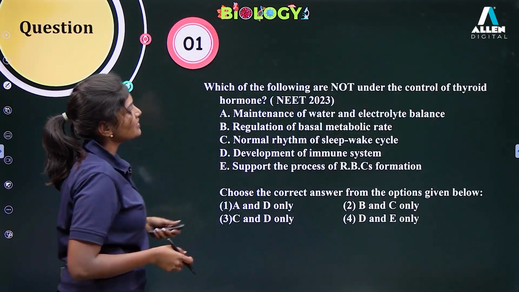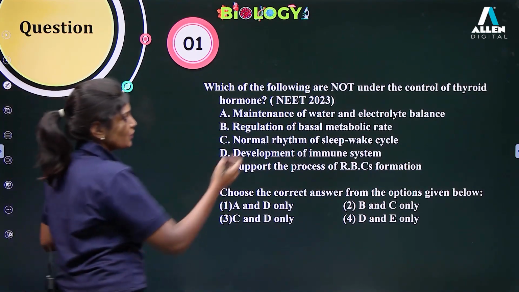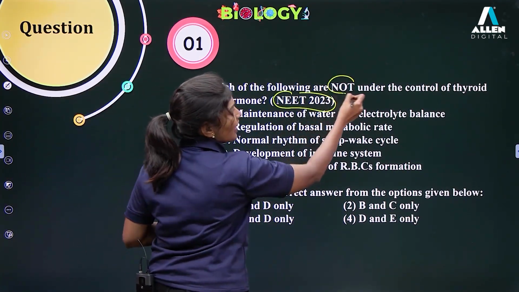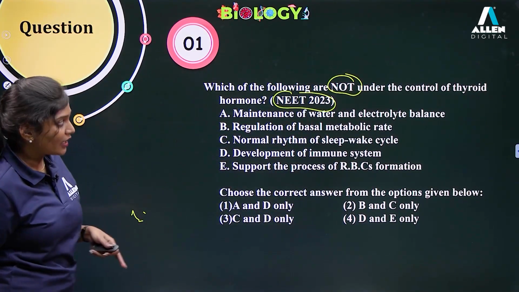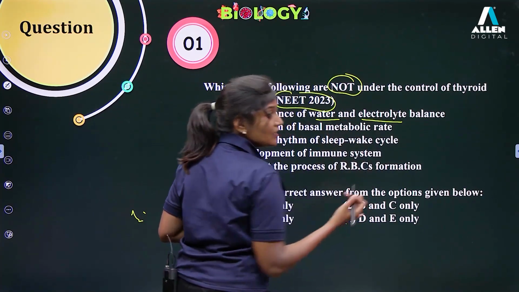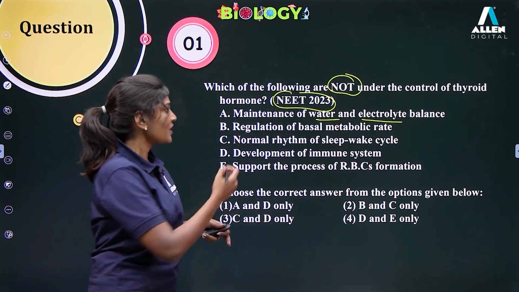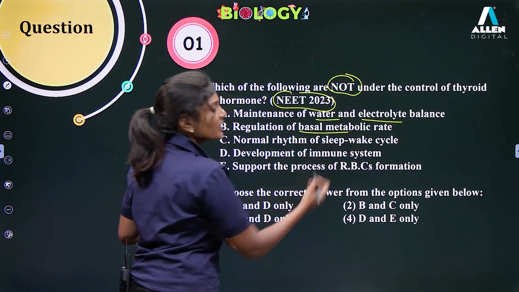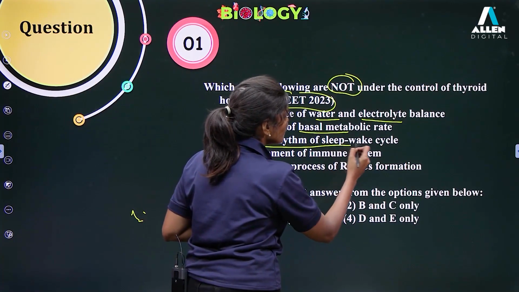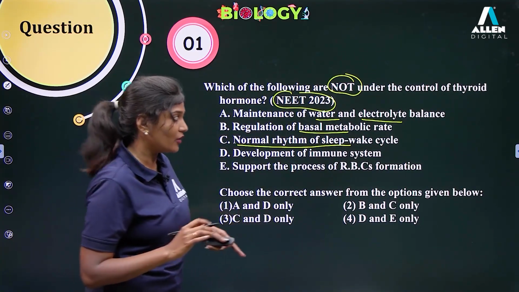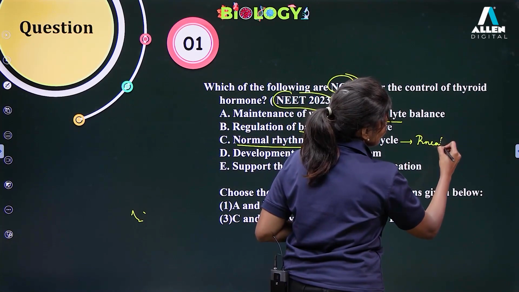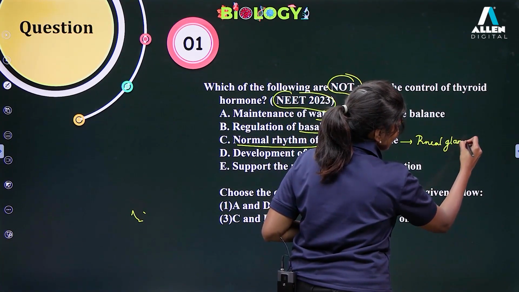The first question is from NEET 2023. Which of the following are not under the control of thyroid hormone? Maintenance of water and electrolyte balance, we have seen, is under the thyroid gland, so that is correct. Regulation of basal metabolic rate, yes, it is the role of the thyroid gland. But the normal rhythm of the sleep-wake cycle is not done by the thyroid gland, it is done by the pineal gland. So this is a wrong option, and we have to select this.